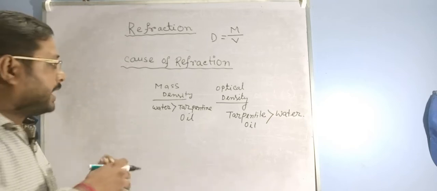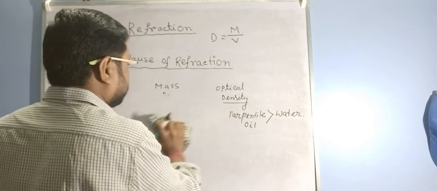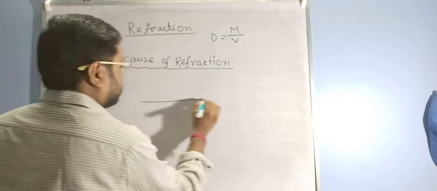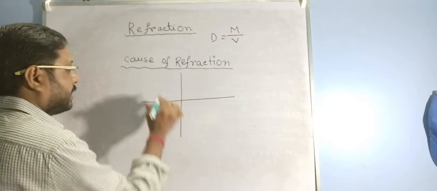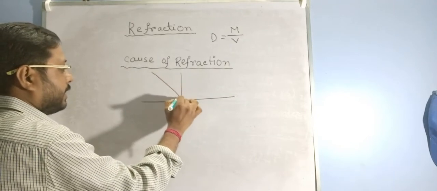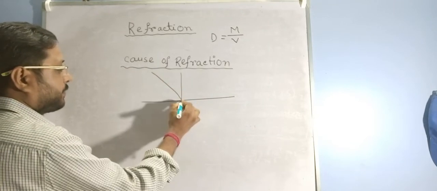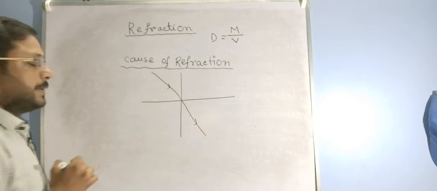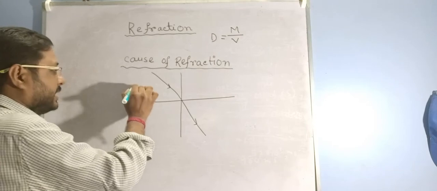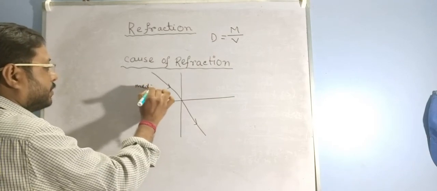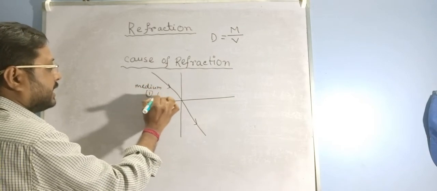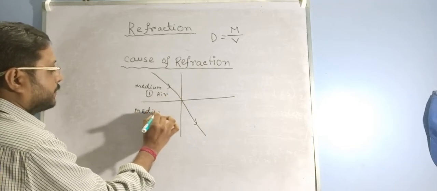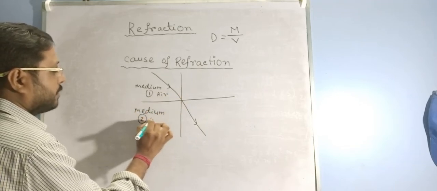Now, when light goes from one medium to another medium, its speed is different. This is medium 1, say air, and this is medium 2, say water.